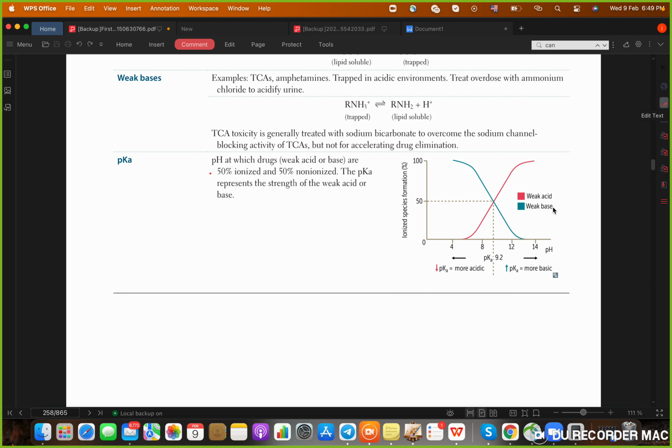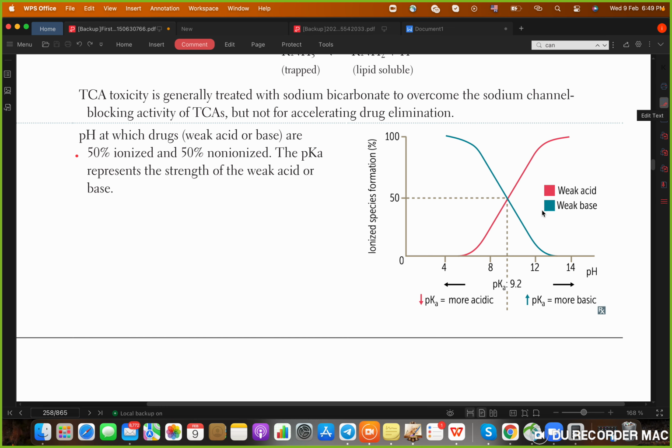If you take a look here at a more basic type of environment, you have less ionized form of the base, right? What I want you to know is, the more ionized form you have, I will make it like this: ionized, no work, it does not work.